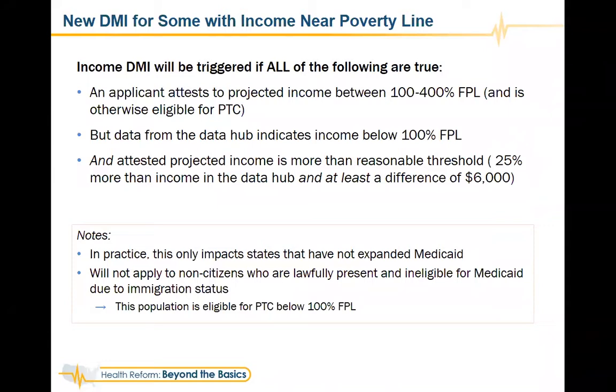Maybe that's a slightly cynical view of why this new rule is in place, but I think it's pretty much backed up by what they've said in the regulation. This will not apply to non-citizens who are lawfully present and ineligible for Medicaid due to immigration status, because, as you know, that population is already eligible for premium tax credits below the poverty line. So they shouldn't be asked to submit new information based on that.